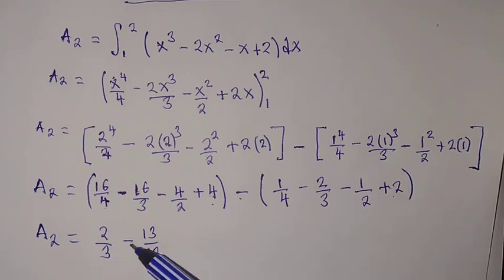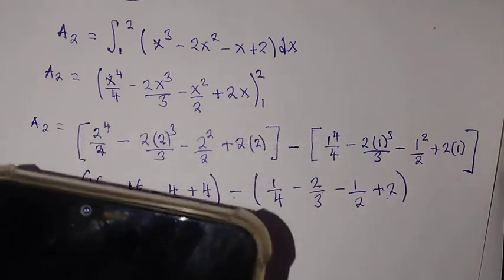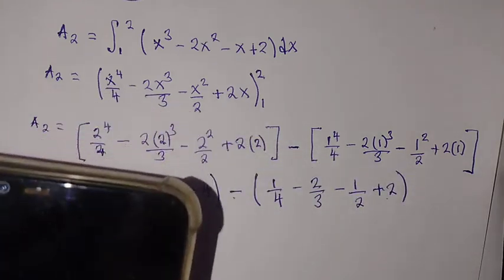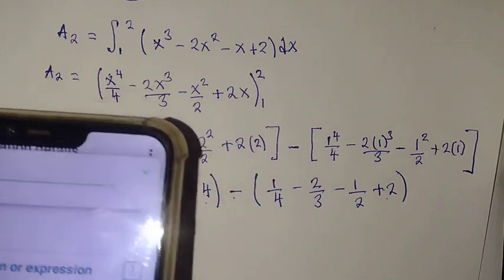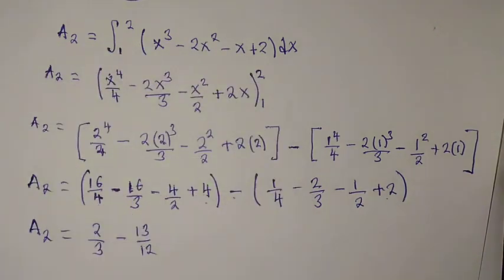So 2 over 3 minus 13 over 12 gives us this value right here, negative 5 over 12.